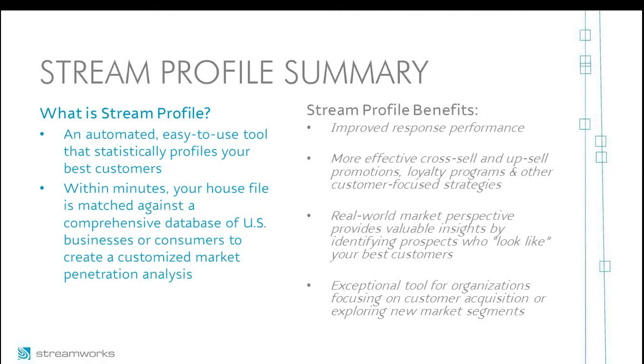And it's going to append a bunch of information and then give you information in about a 25-page report, and we're going to go through what that looks like. So it's going to give you improved response. It's going to give you a more effective way to speak to these prospects and know who you need to go after so that you can tailor your message to fit in with what their demographics and lives look like.